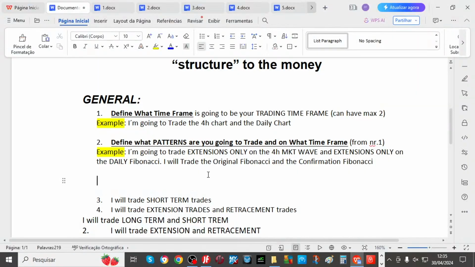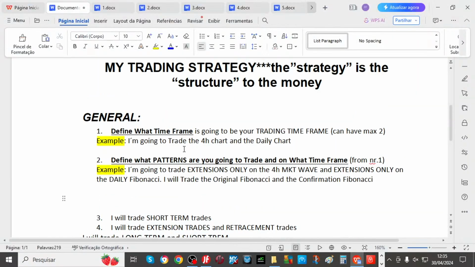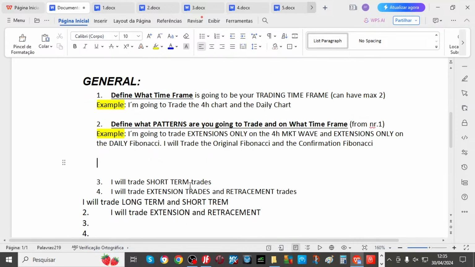Now we are just determining the general rules. Okay? Different traders trade different patterns. One says I will trade short-term trends. Another says I will trade extensions and retracements. Well, I choose to trade just extensions. Okay. Define what patterns you are going to trade.